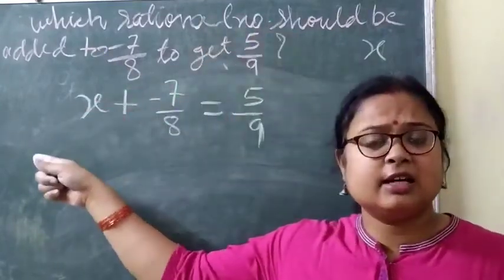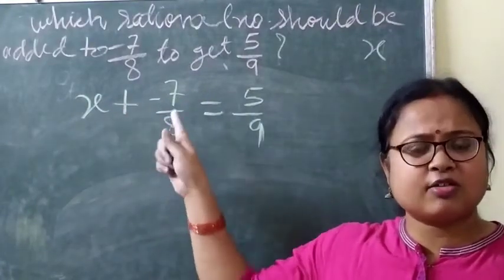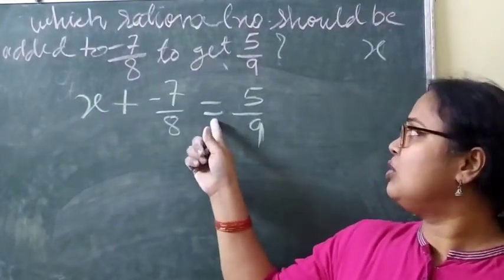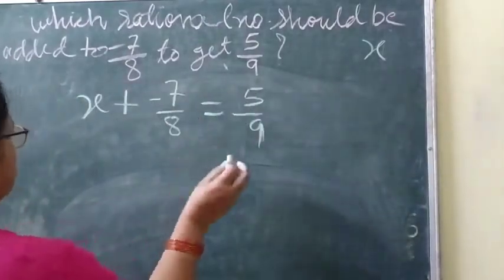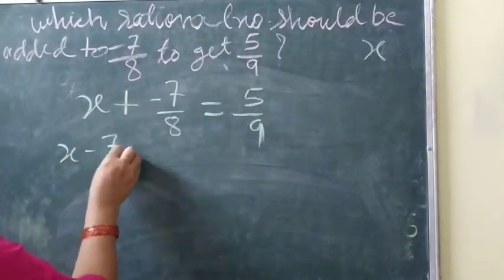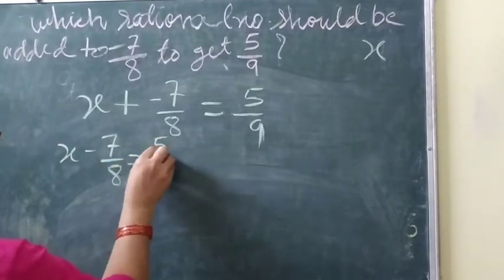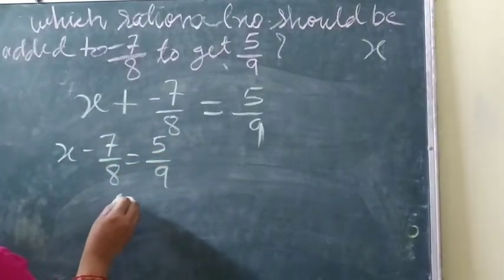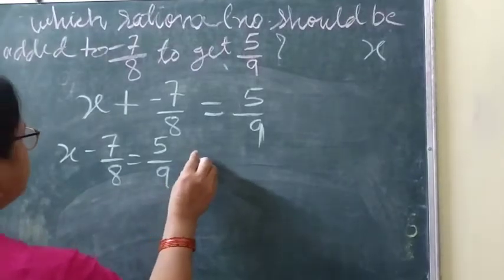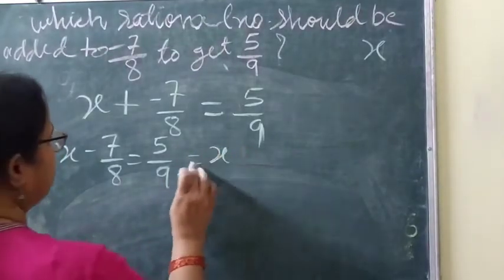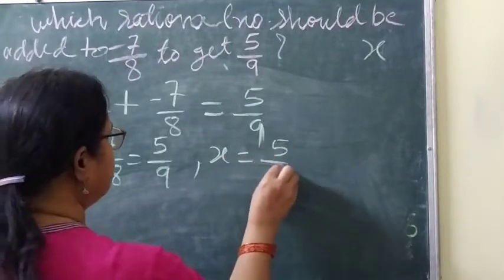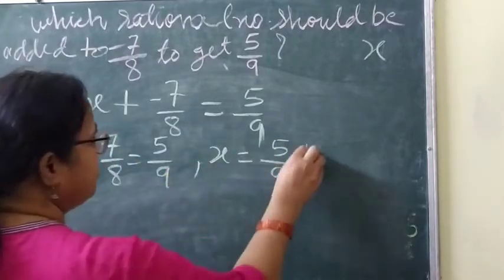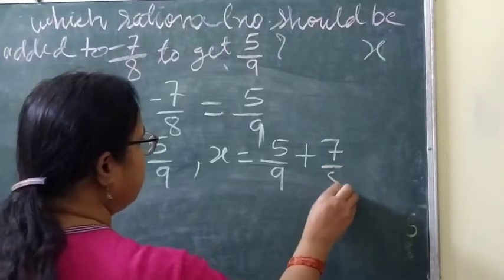Then x number should be added to minus 7/8 to get is equal to 5/9, and then solve it. So x minus 7/8 equal to 5/9. Okay, and so you can write here x is equal to what? Then x is equal to 5/9. This will come this side, it will become plus 7/8.